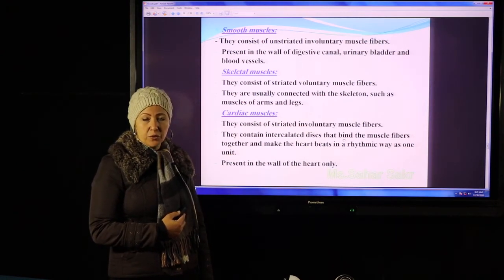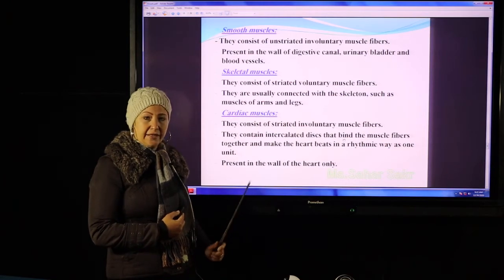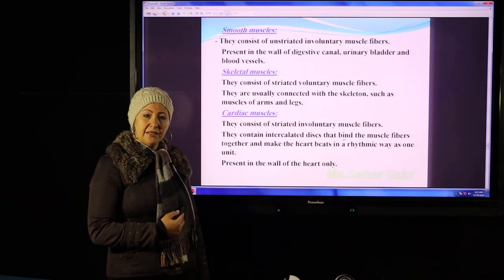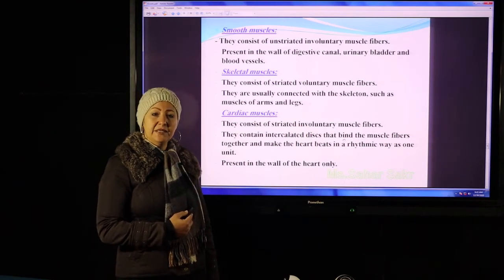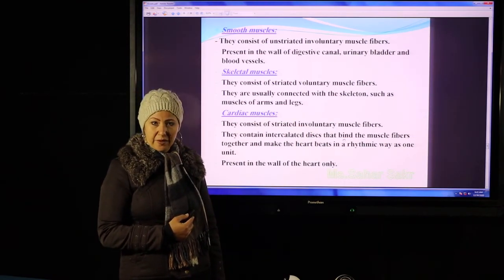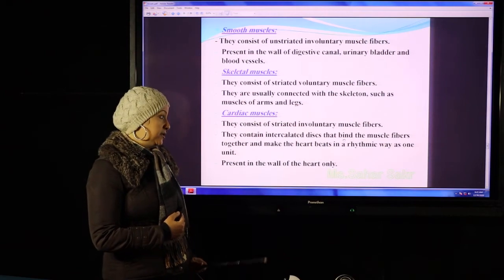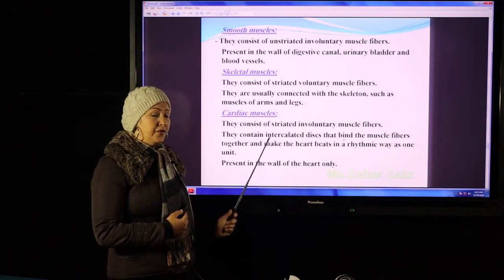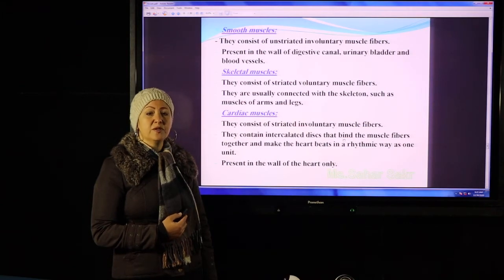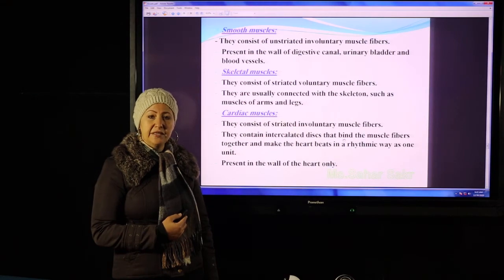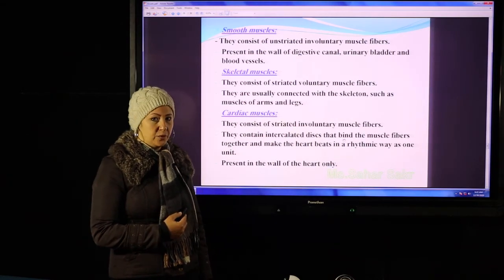So any disorder in these intercalated discs makes disorganization, and the heart will beat in an unrhythmic way. So this structure is called the intercalated disc. These discs are found between the cells of the cardiac tissue to let the heart beat in a rhythmic, coordinated way.